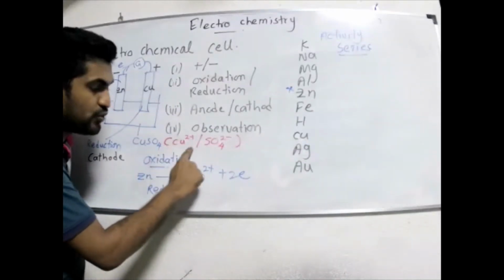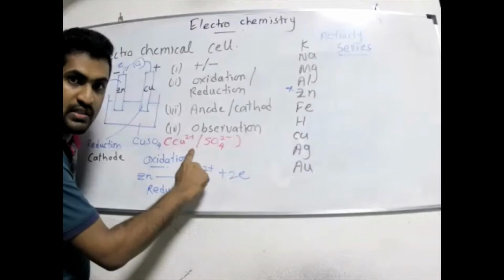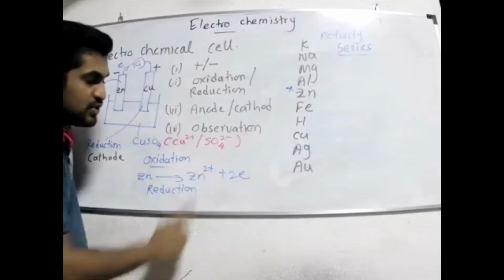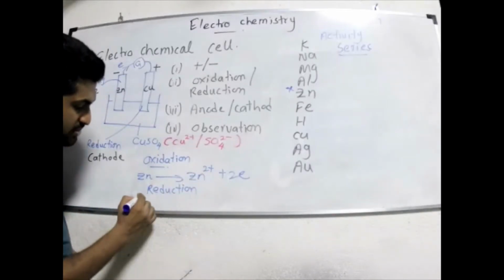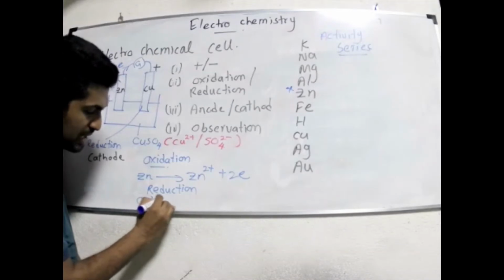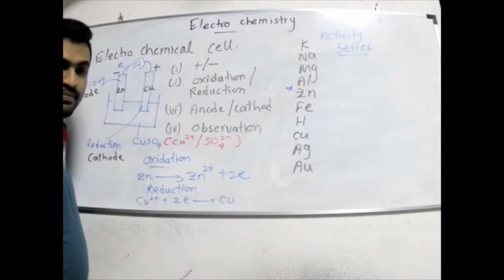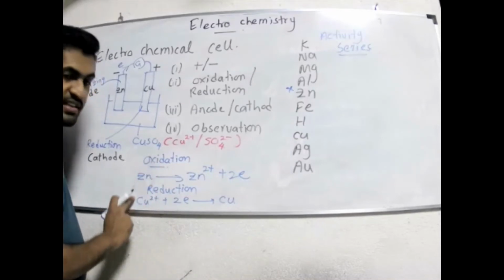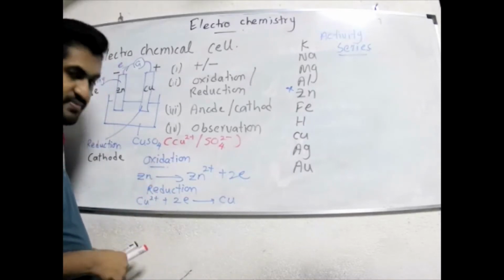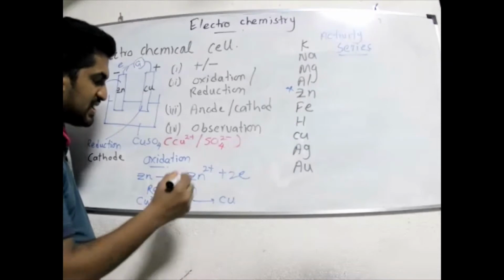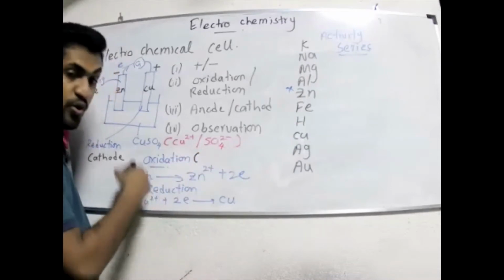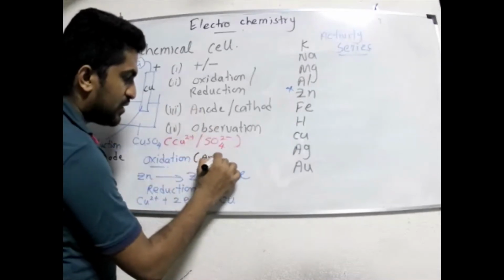Cation, copper 2 plus. So copper 2 plus goes to the reduction reaction. Cu2+, by gaining 2 electrons, turns into copper. Oxidation reaction, reduction reaction. The oxidation reaction we call OA, anodic reaction also.